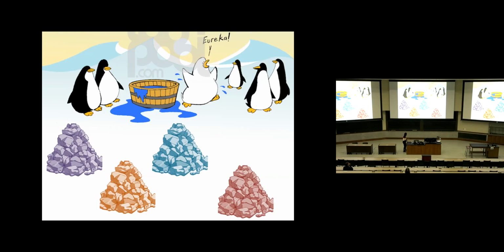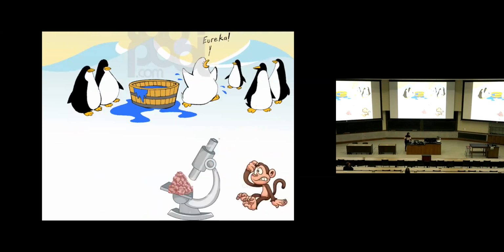Okay, and then the next thing that we want to do after identifying these common features is to understand why. So why are they all red? Why are these all magnetic? Why are these all conducting electricity? So these are the questions that we're interested in. And we want to find the answer at a microscopic scale, okay?